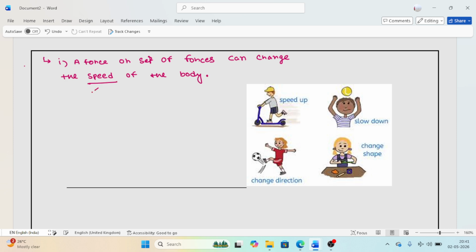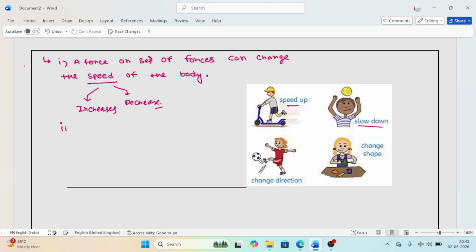Speed can be increased, can be decreased. That means speed up in this situation and slow down in this situation. So this is one thing.